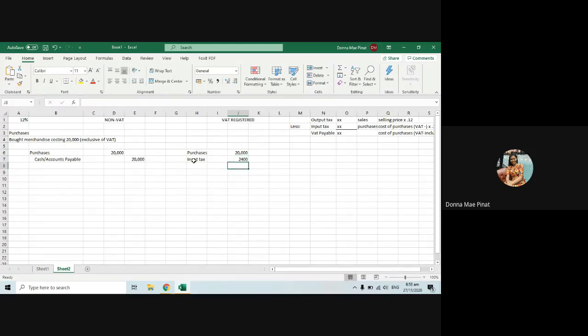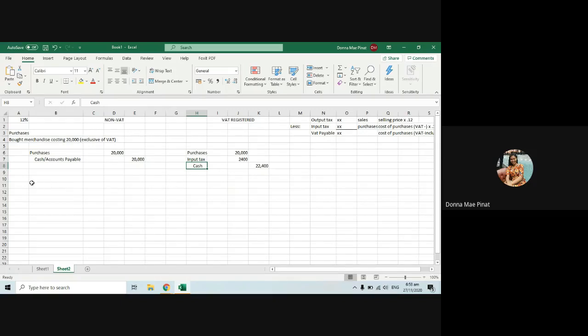And then what you paid is cash, 22,400. So the cost of your purchases is just 20,000, but you paid 22,400 because of the input tax or the VAT. This one is the VAT. If it's accounts payable, then you credit cash when you pay.